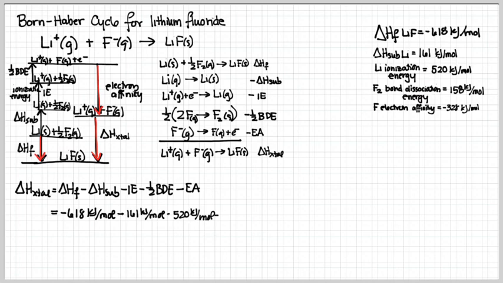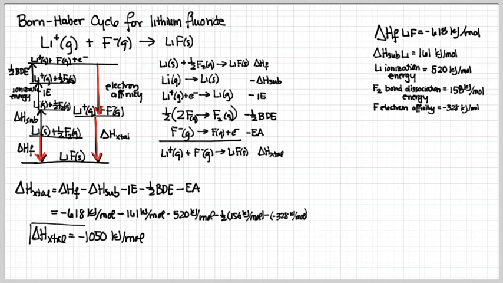Then half of the bond dissociation energy, which once again we said is 158, minus the electron affinity, which is negative 328. All right, so if we do the arithmetic there, we get that the lattice enthalpy is negative 1050 kilojoules per mole.